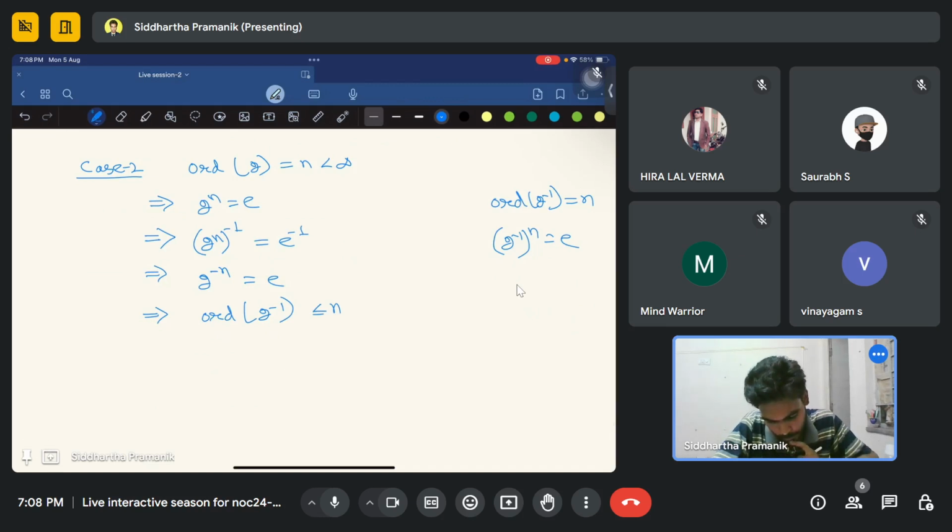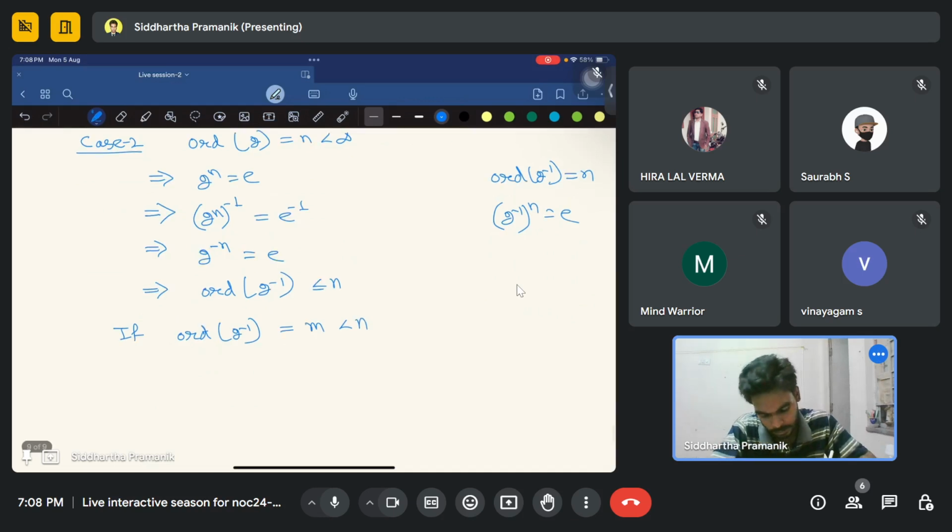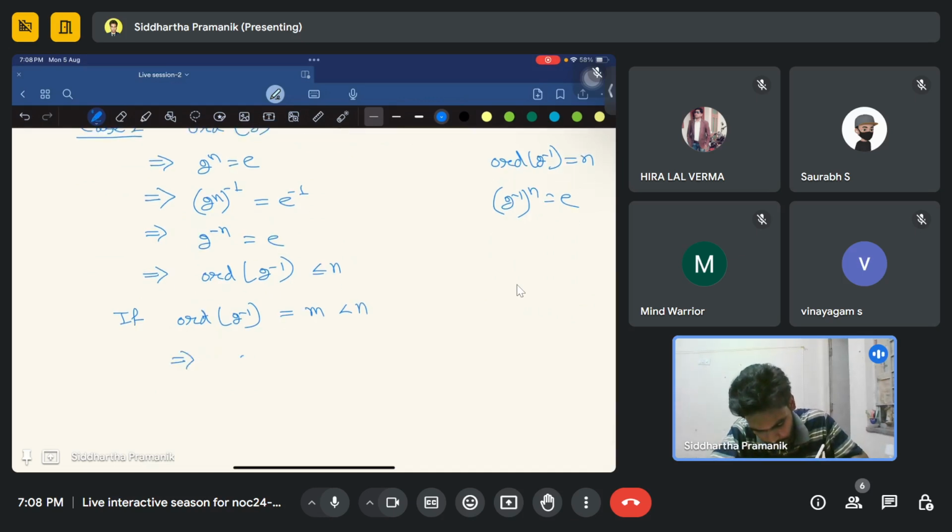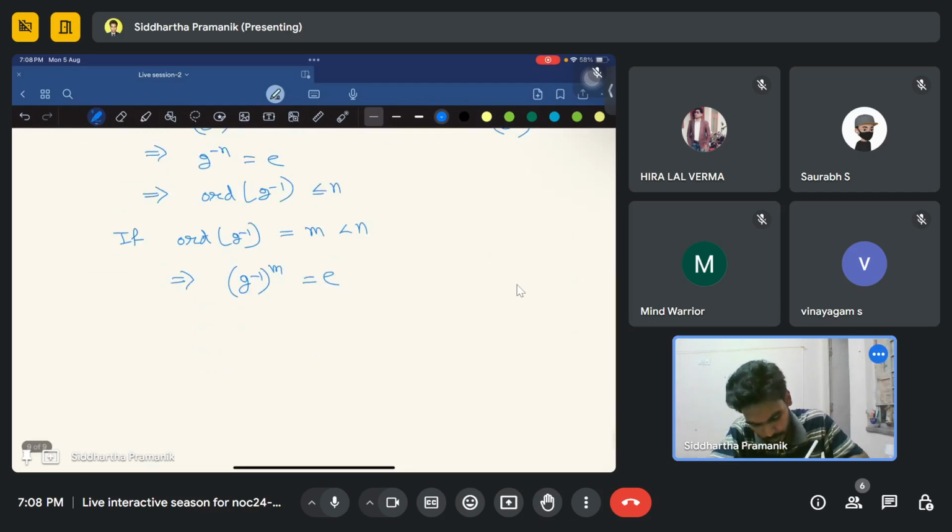Now we need to prove it is exactly equal to n. So what will happen if it is less than n? So if order of g inverse equals m, which is strictly less than n, that will imply g inverse power m equals identity. So that will imply g power minus m equals identity. So again we will multiply g power m on both sides.